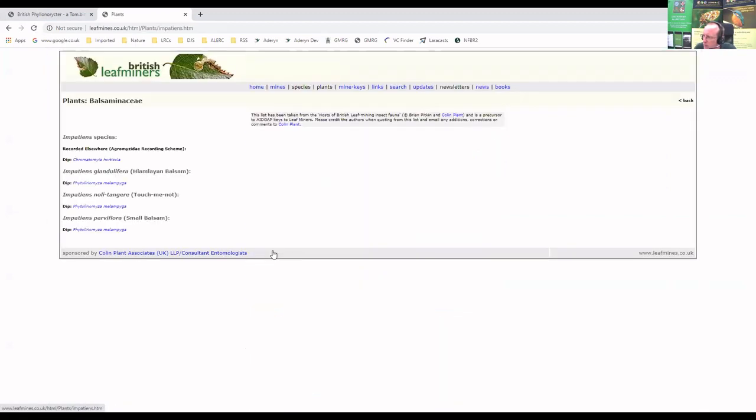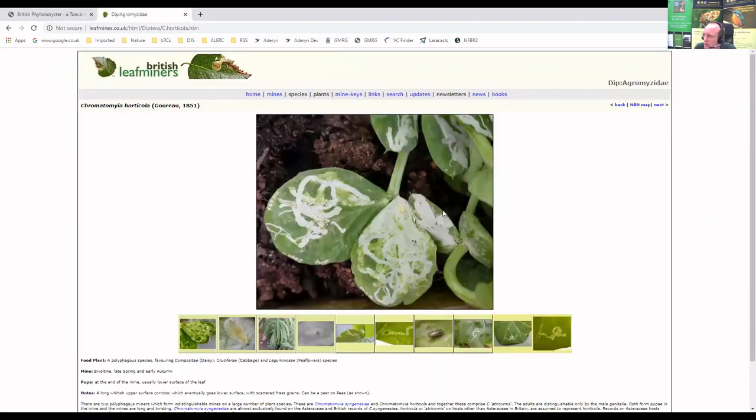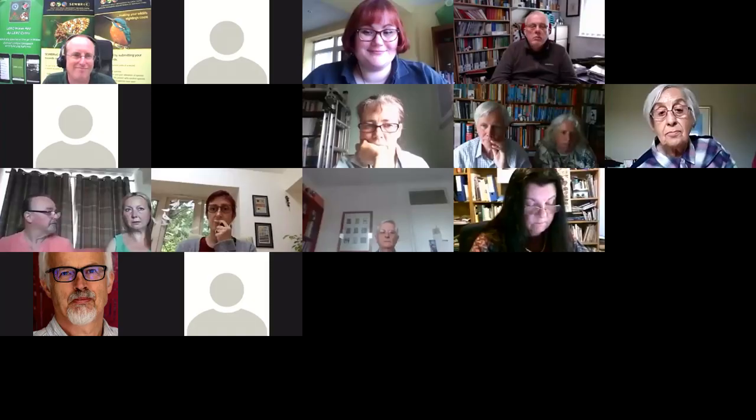So for example, impatiens, there's only one species that feeds on impatiens. It's a fly mine, and it's horticola. So there you go. That's a really, really good website for British leps. There are a few others that are worth looking at, but this is probably the most comprehensive and the simplest answer to give at this stage.